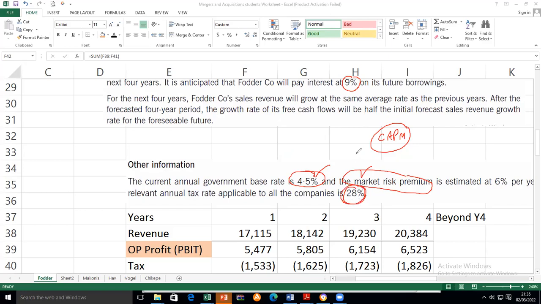So it's your responsibility to convert this figure into a post-tax. You have asked a good question, actually. So we have to find essentially 72% of the 9%. Yeah, exactly. Okay, thank you. Good.